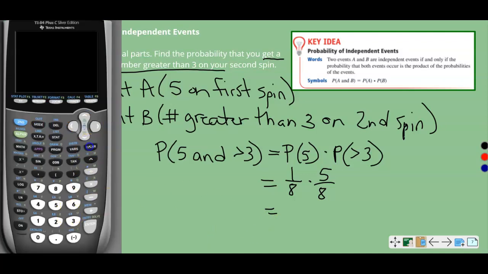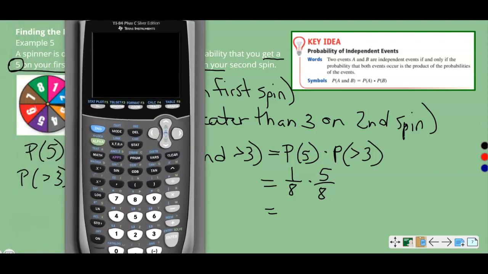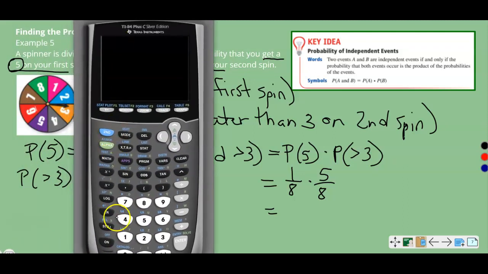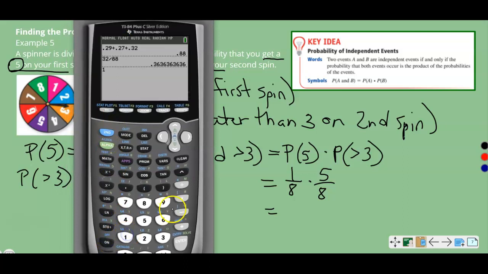okay, so 1 divided by 8, and let's multiply that by 5 divided by 8.